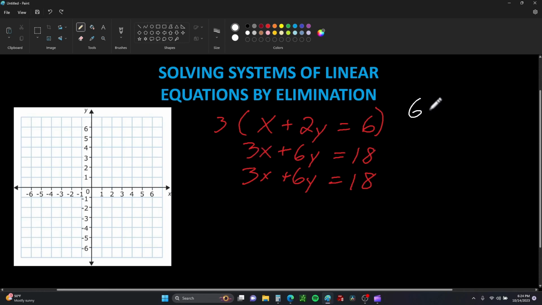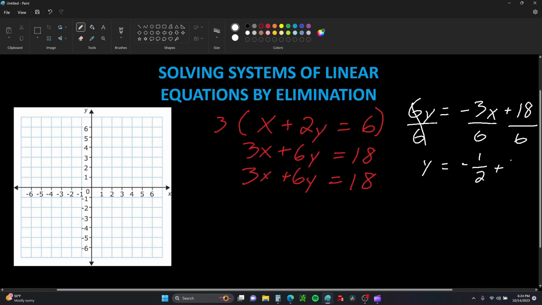So I would have 6y equals minus 3x plus 18, dividing each term by 6. I would get y equals minus 1/2 x plus 3.